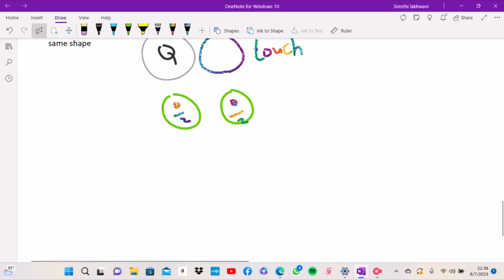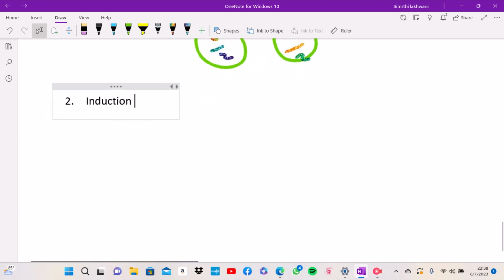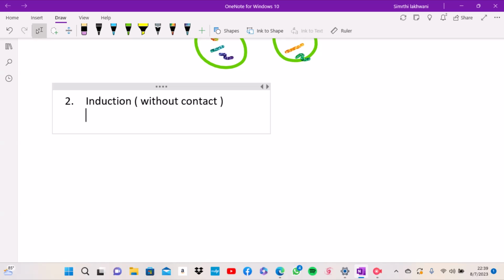Now next we have induction. Induction basically means without contact. What will happen in this?